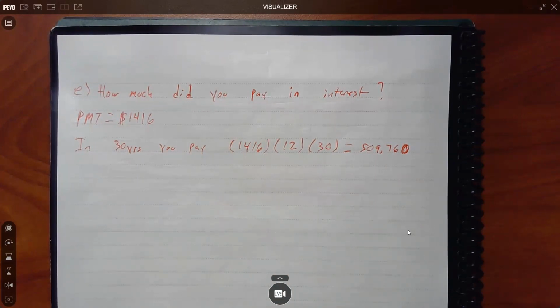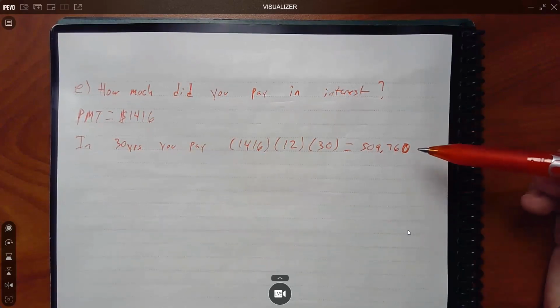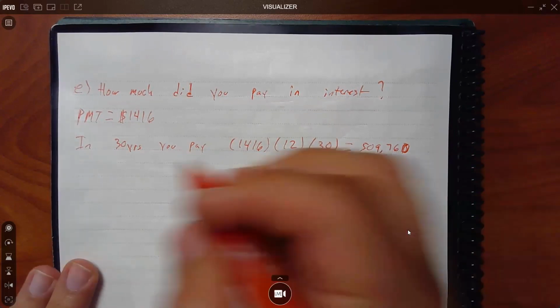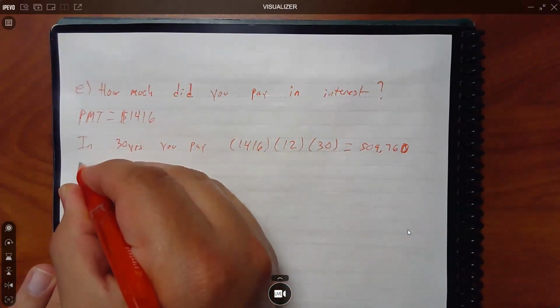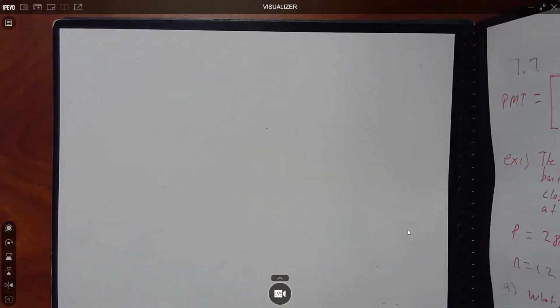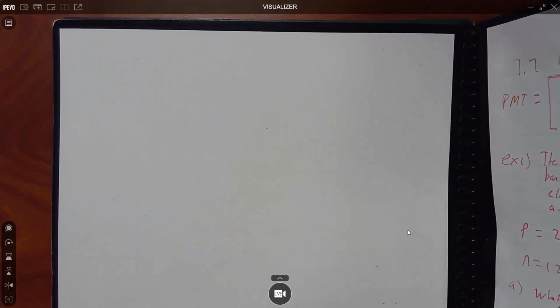So at the end of the day, in 30 years, you're going to pay $509,760 for the house. So how much did we borrow? Yeah, the loan amount was in part B, 224,000, right?